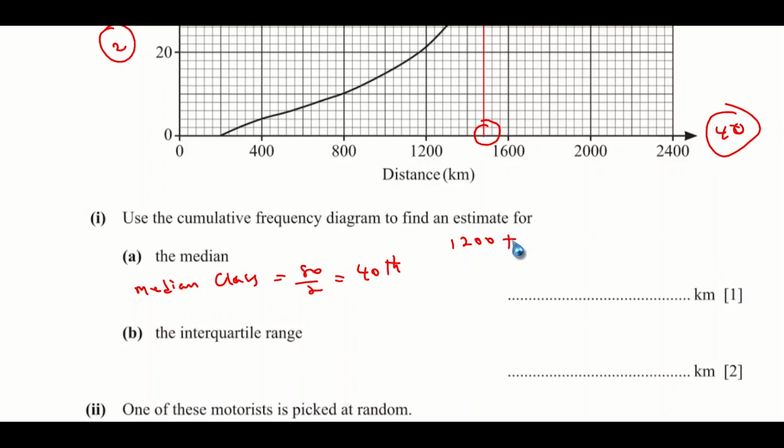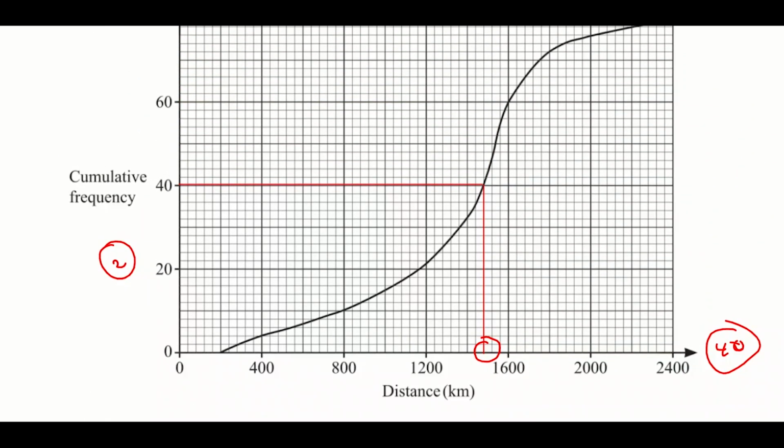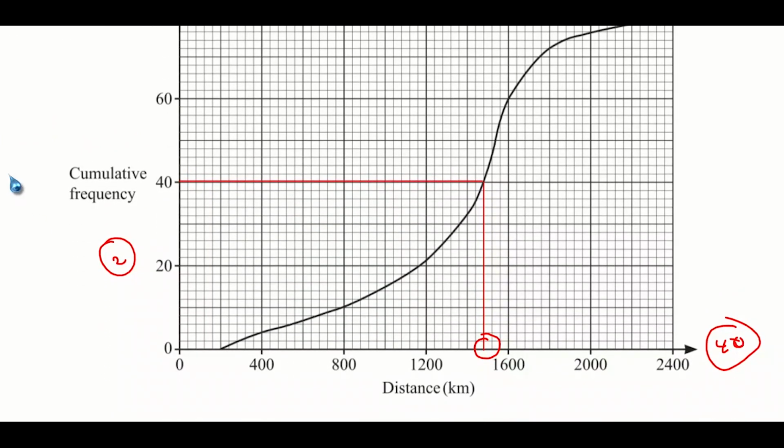This will be equal to 1,200 plus, how many lines do you have here? 1, 2, 3, 4, 5, 6. Let me check again to see if I have the correct one.